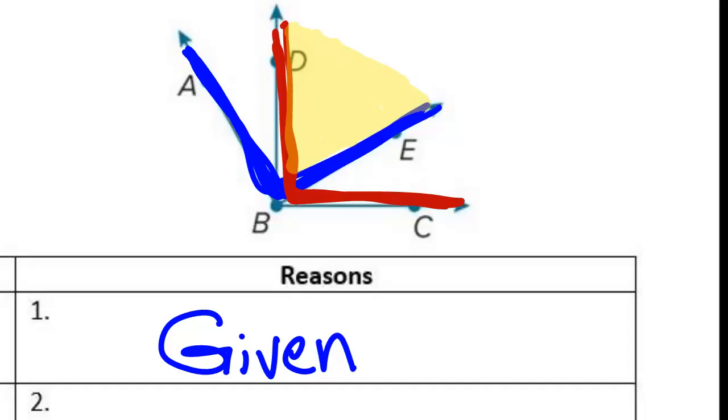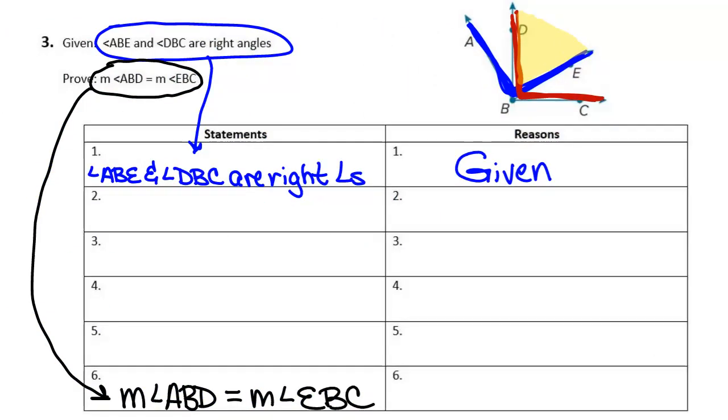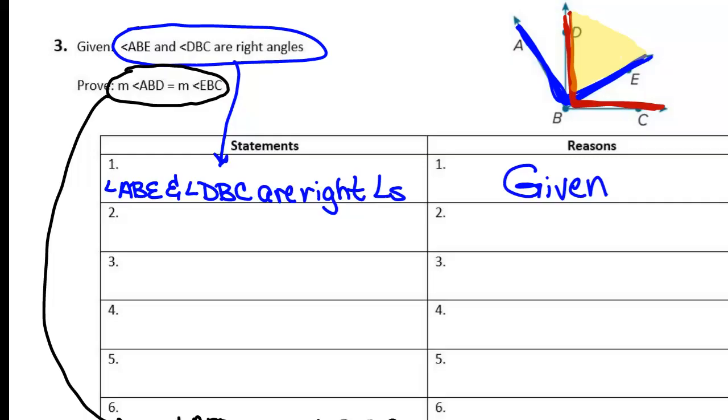They share this angle. All right. The angles that I'm trying to talk about at the end are ABD and EBC. ABD is this little piece over here, and EBC is this little piece over here. So I'm going to have to try to talk about those.